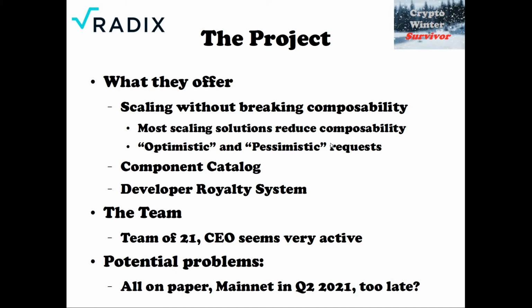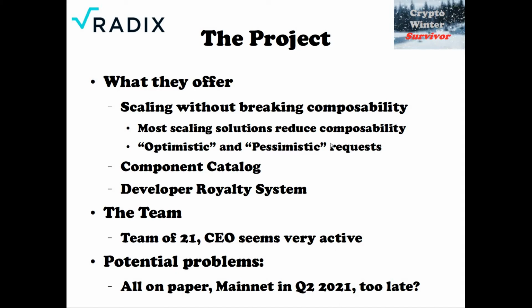Potential problems, well, it's still all on paper. Their mainnet launch is going to be soon, in a couple of months. It's planned to be launched, and even then, I mean, it is soon, but there's so much stuff that's already built on top of Ethereum.